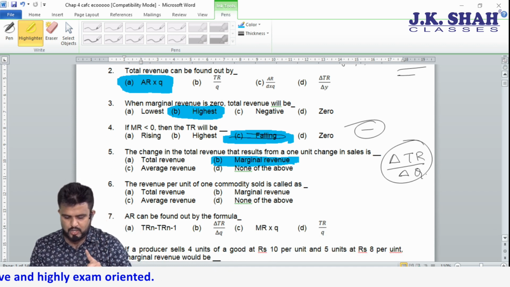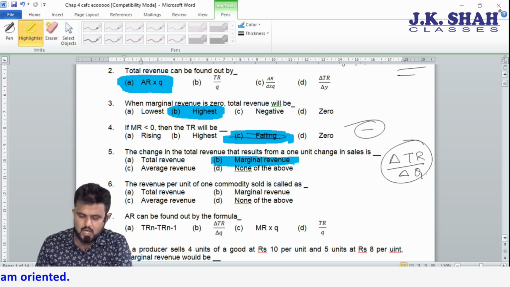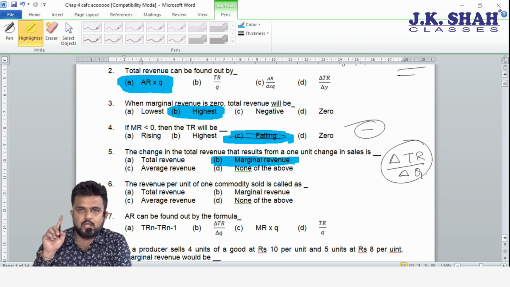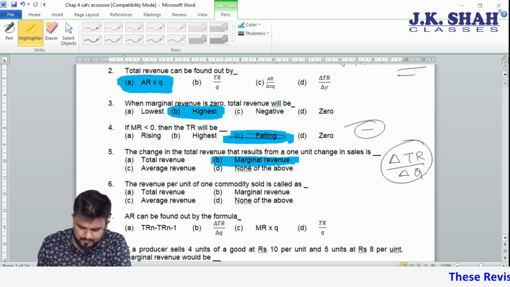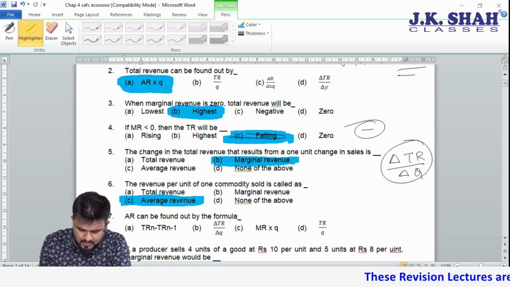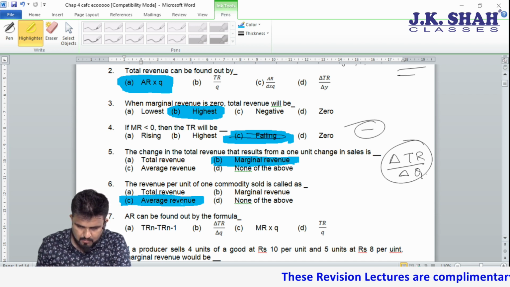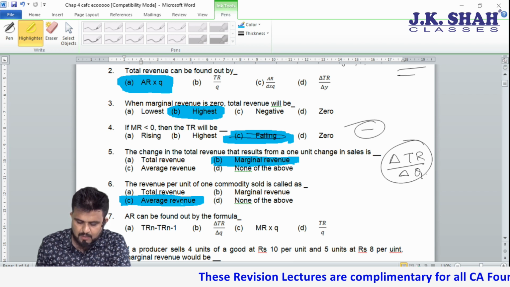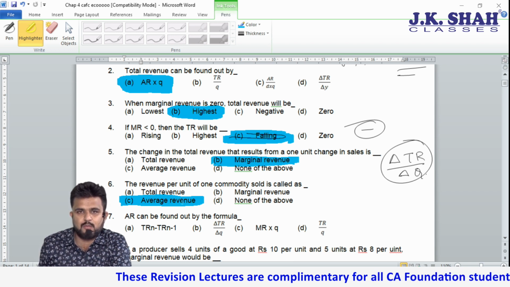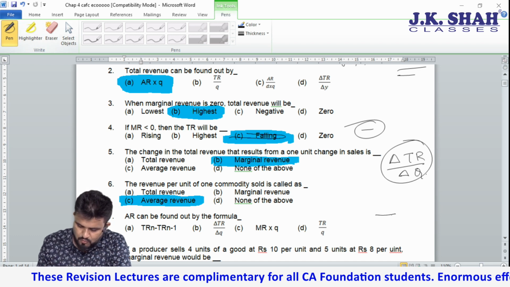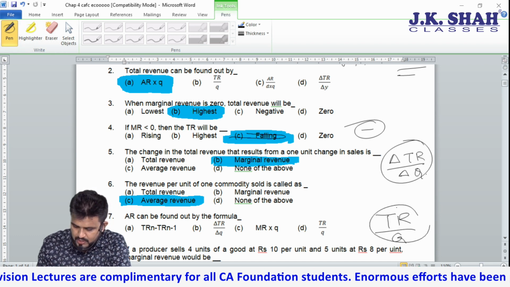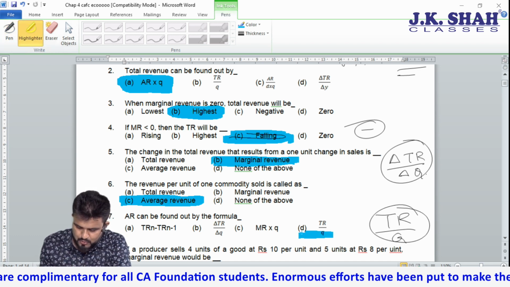Revenue per unit of one commodity sold. Per unit is average revenue. Correct answer is C, average revenue. Moving to the seventh. AR can be found out by a formula. What's the formula for AR? Students, formula is TR upon quantity, and that is nothing but your option D.